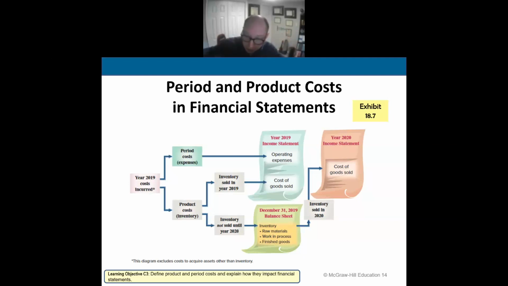Then, when it reaches the end of the assembly line, we did everything, we painted it, polished it, all that good stuff, it becomes what we call finished goods inventory. That's when it's available for sale. It's done. We manufactured it. It looks great.